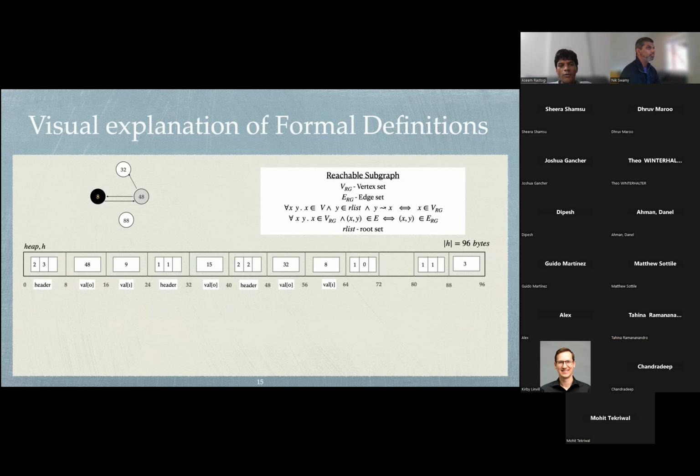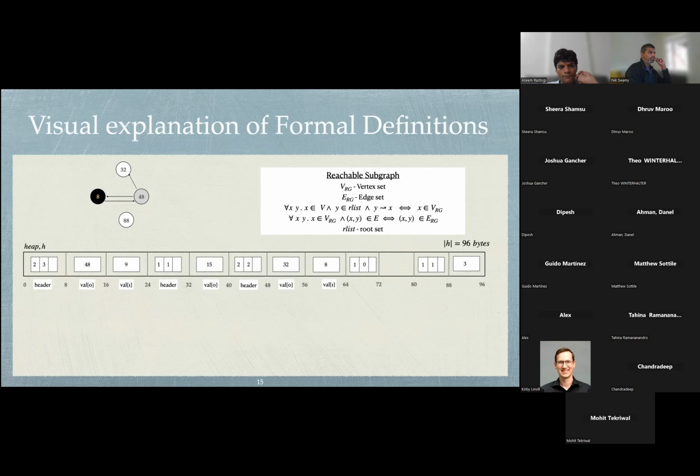How do we know if some object is in the root set or not? If its color is gray, then it will be part of the root set. No, it's not part of the root set.